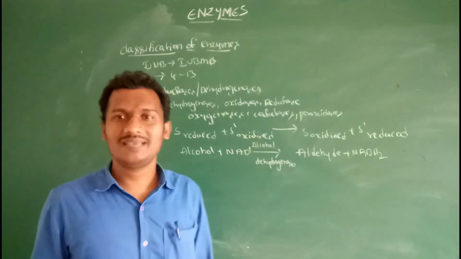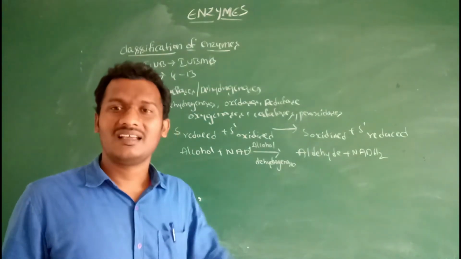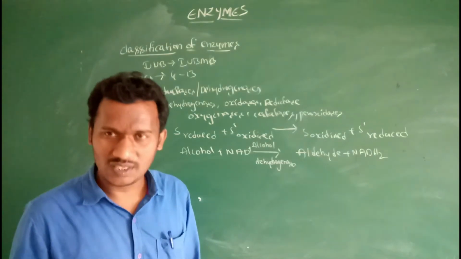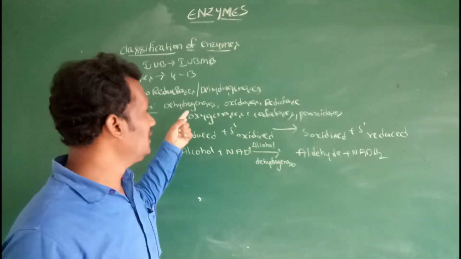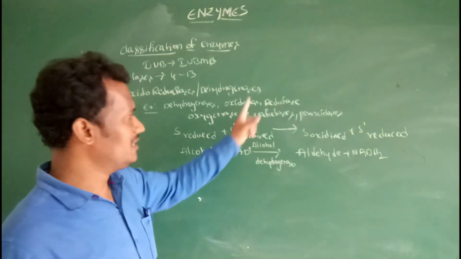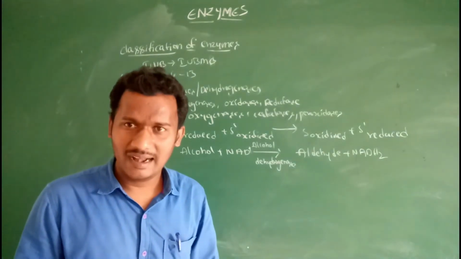These types of enzymes catalyze oxidation as well as reduction, transferring electrons from one substrate to another substrate. Examples are dehydrogenases, removal of hydrogens, oxidases, reductases, oxygenases, catalase and peroxidases.